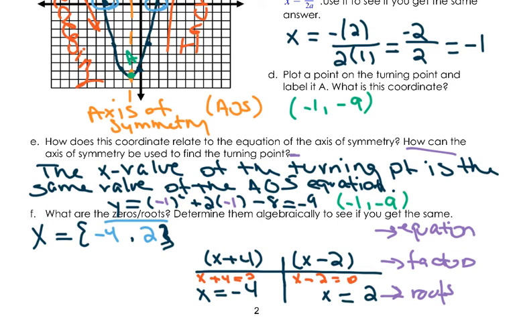Okay, and then if I multiply these two factors, I would end up with x squared plus 2x minus 8 equals 0.